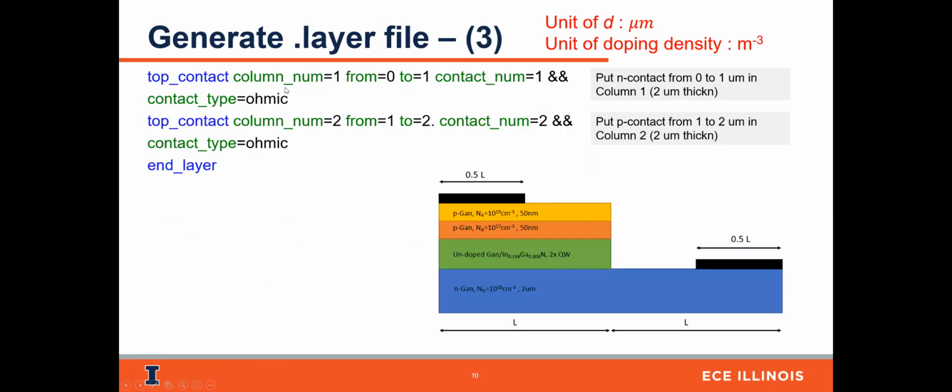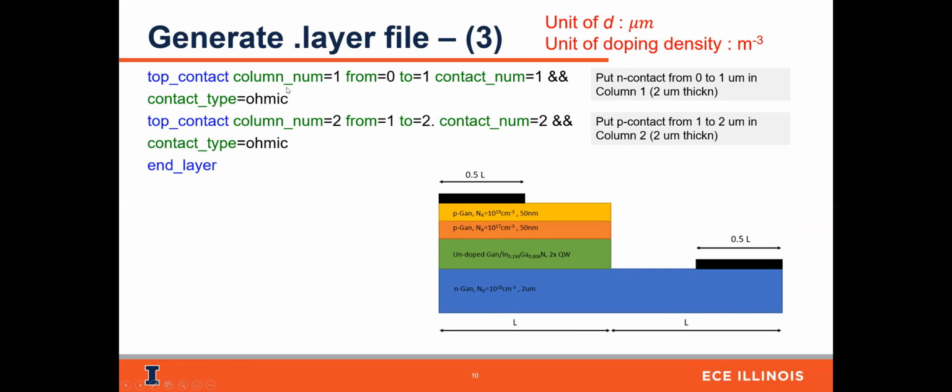And then we add the top contact onto it, because we define the top contact thickness from 0 to 0.5 L. And because our L is 2 micrometer defined earlier, you can see my first column is from 0 to 1, which is 1 micron. And for my second column, I specify the contact position from 1 micron to 2 micron, which means it's starting here, 1 micron to 2 micron.